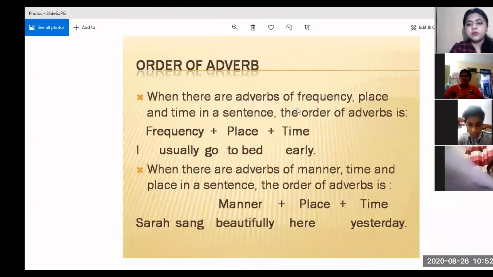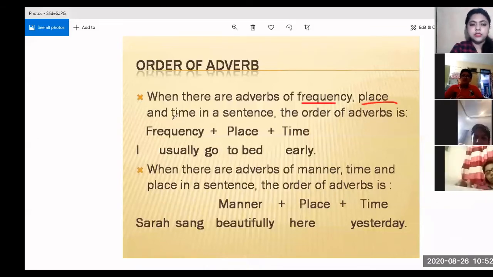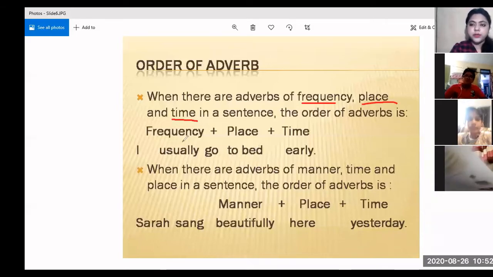When there are adverbs of frequency, place, and time in a sentence, specifically these three adverbs: adverb of frequency, adverb of place, and adverb of time, then what is the order which you should remember? It's FPT. First of all, adverb of frequency will come, then adverb of place, and at last, adverb of time.